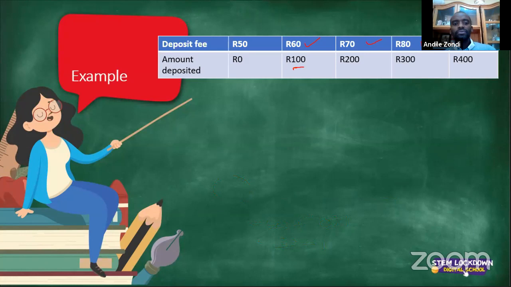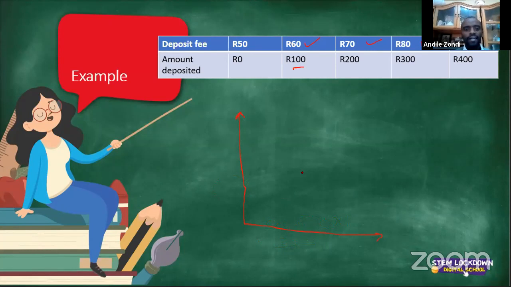So how do you use this table to determine a graph? Okay, this is how you do it. Obviously you'll be given axes, or graph paper.